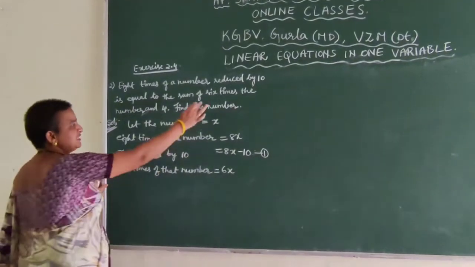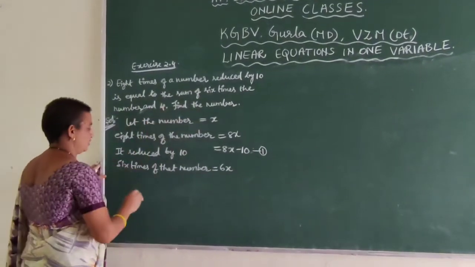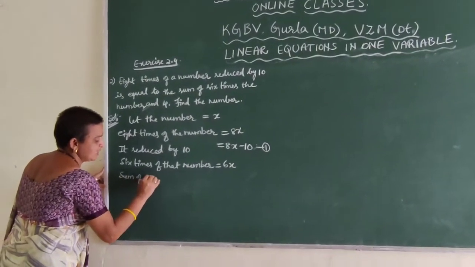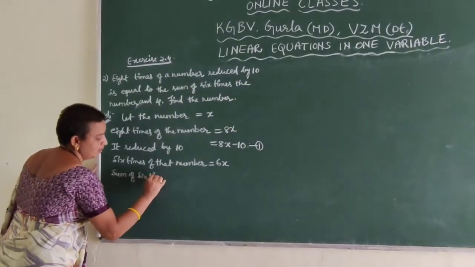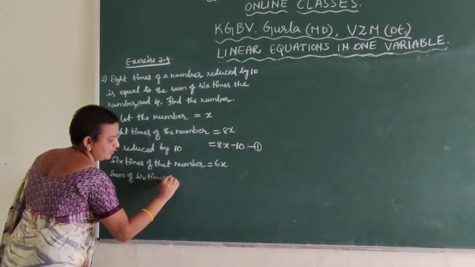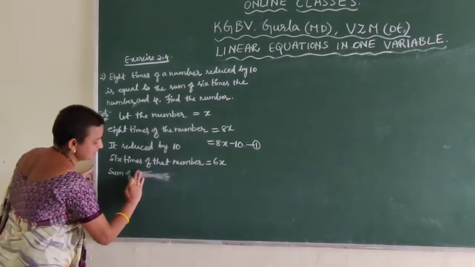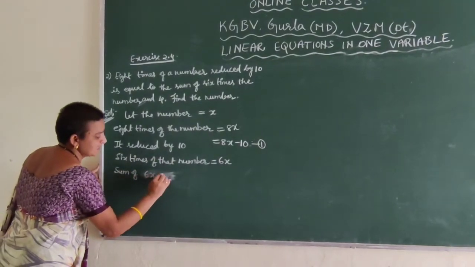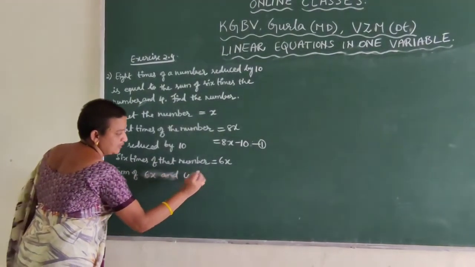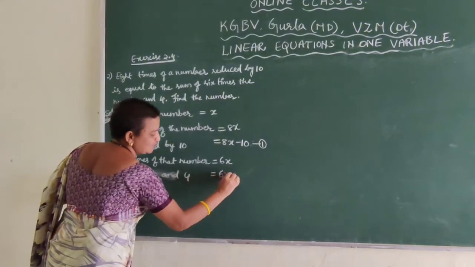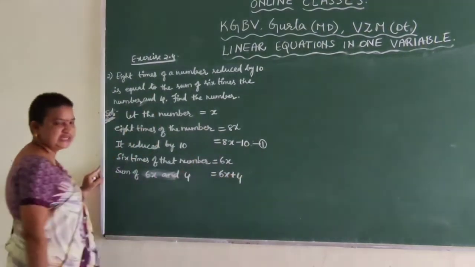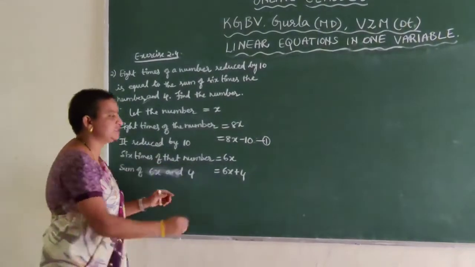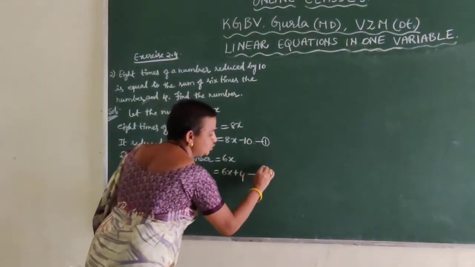Sum of 6 times of number means 6x. Sum of 6x and 4 is equals to 6x plus 4. Sum means you have to add these two terms. Okay. This one is equation number 2.